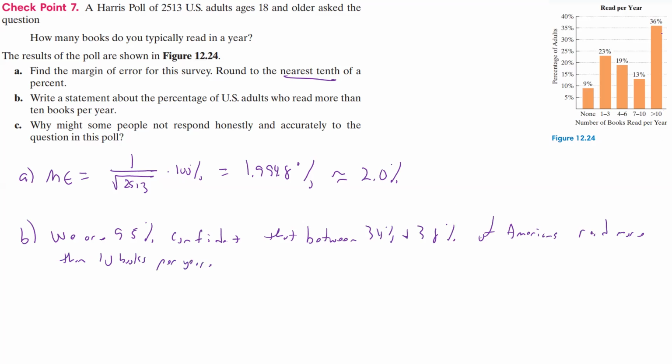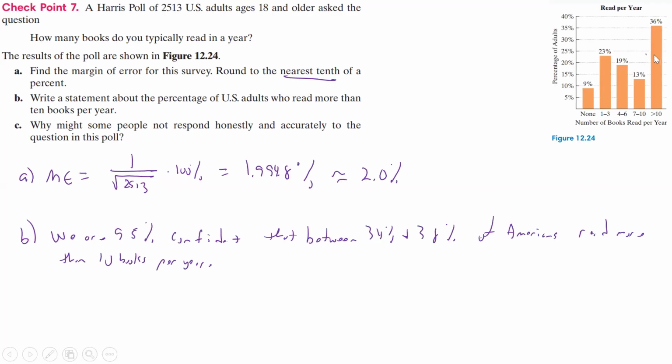Because the margin of error is plus or minus that many, we're between 34 and 38, which is 2 standard deviations in each direction. So it's 2% each way, and that's why we have 34 to 38. And we're 95% confident because that's how we got the calculation.